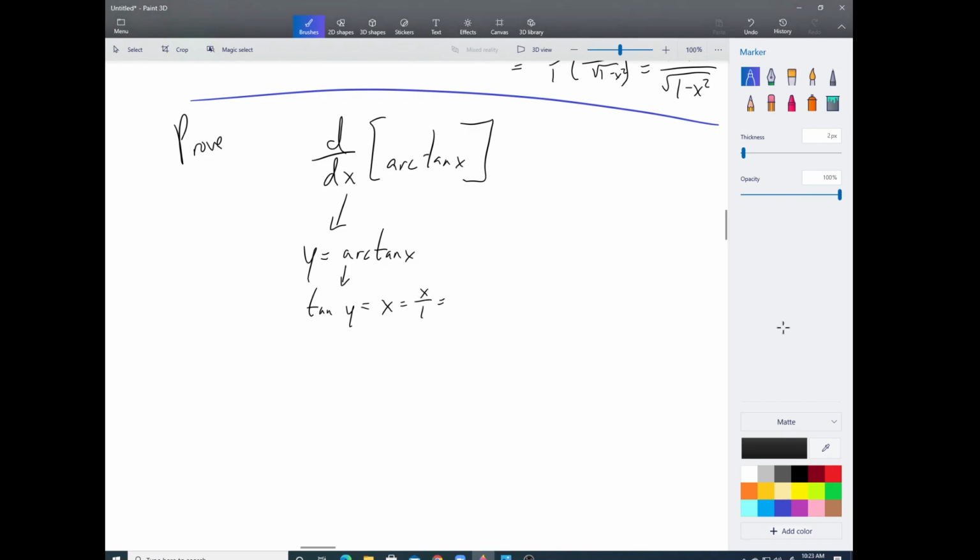Now I'm going to be looking at it in terms of opposite over adjacent. So that changes what I see where. I'm going to have this here and this here. Nothing on the hypotenuse yet.